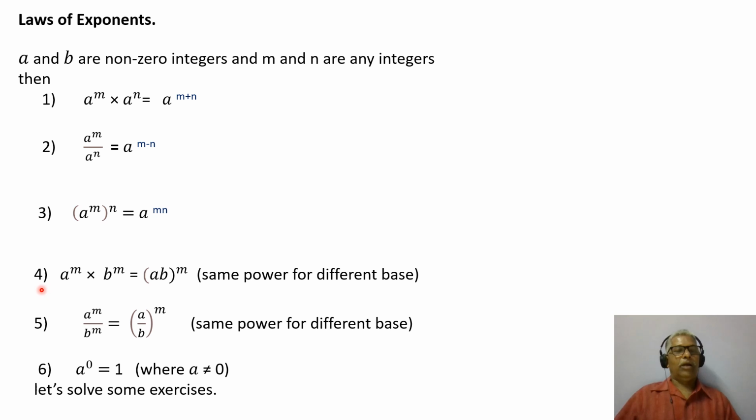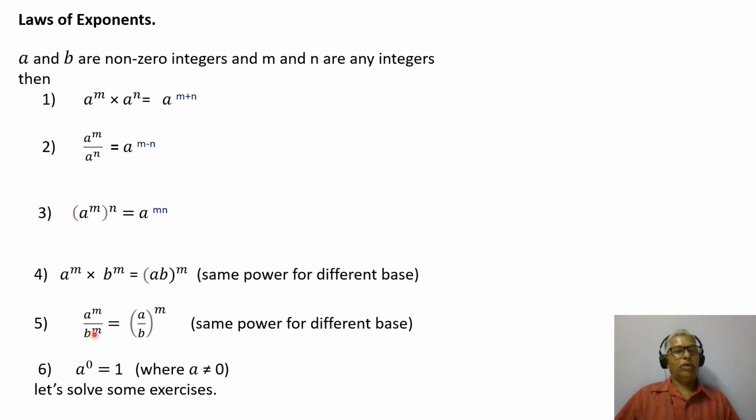This is very interesting. A raised to m into b raised to m is equal to ab raised to m. This is the same power for a different base. So this a into b is multiplied, and the whole is raised to that power m.